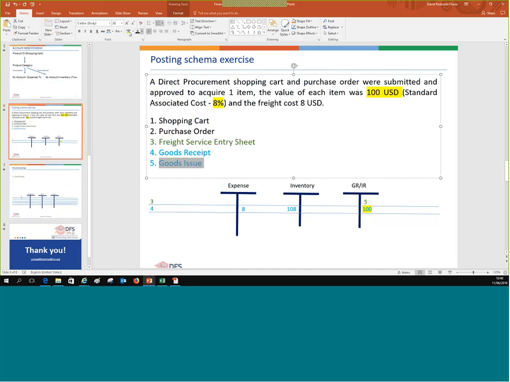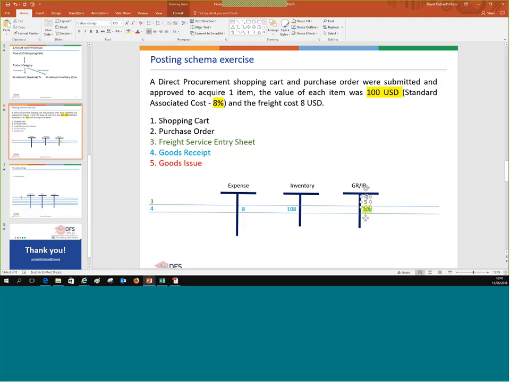So when someone in a technical unit or in a self-accounting unit, or whatever, needs this item that we acquired for $100, someone from inventory will need to issue the item out of inventory. And this one is a new transaction that didn't exist in Foundation, and it's called goods issue.